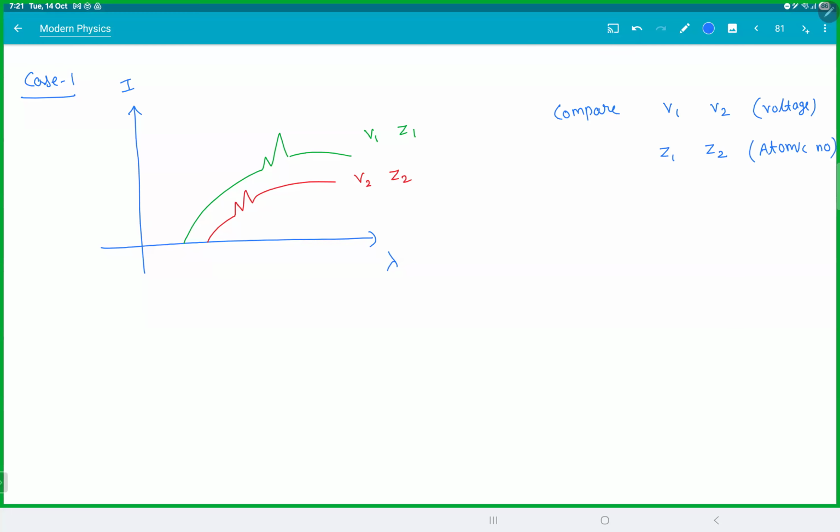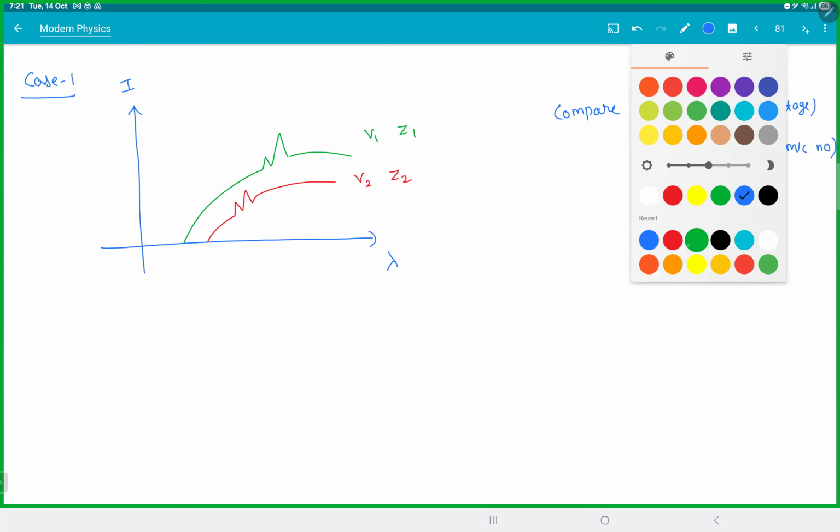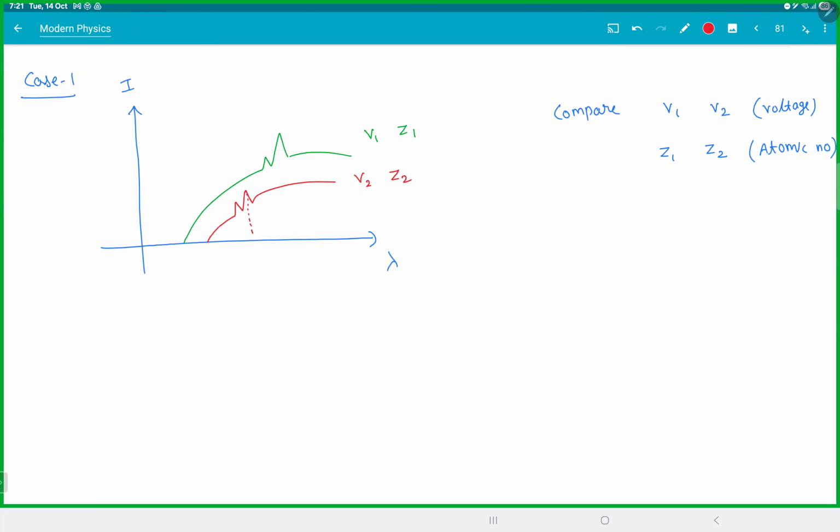Let's see. V1 greater than V2, Z1 greater than Z2. Okay, let's see. This is your lambda K alpha for this one, and this is the lambda K alpha for the green one. This is your lambda minimum, let's call it lambda 1, and this is your lambda minimum, which is lambda 2. Now be careful, there are two different lambdas here. One is the continuous spectrum, so lambda minimum belongs to the continuous spectrum.